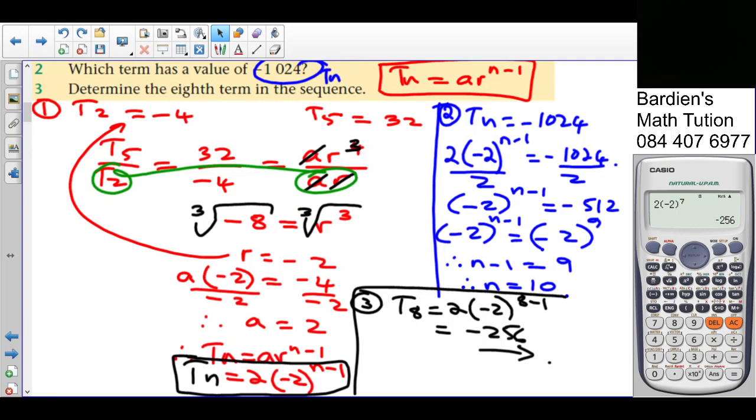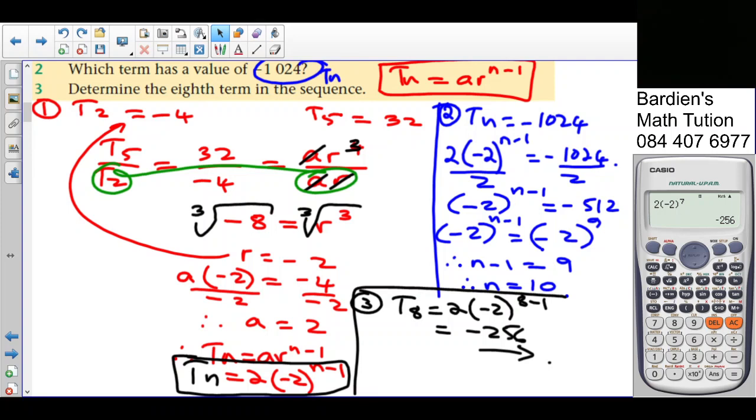Now you work out the general term of the sequence quickly. Okay, so what do we get?